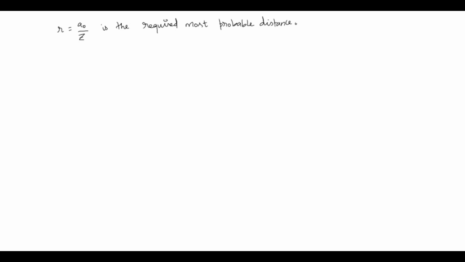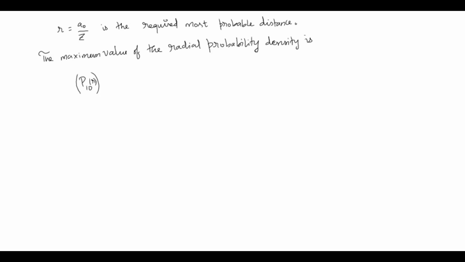Now the maximum value of the radial probability density is obtained just by substituting the r value we obtained.